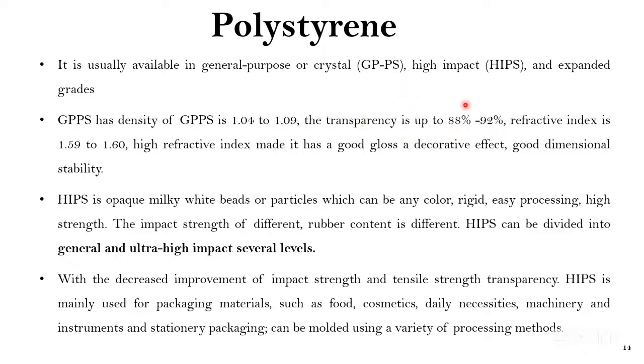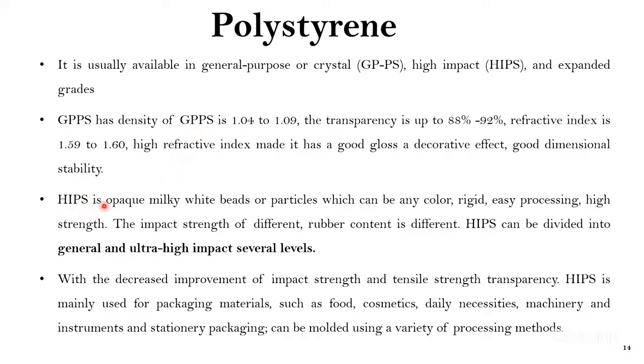That's why the transparency is increased up to 92%. And the refractive index is also quite high, and it has good gloss for the decorative effect and good dimensional stability, GPPS.